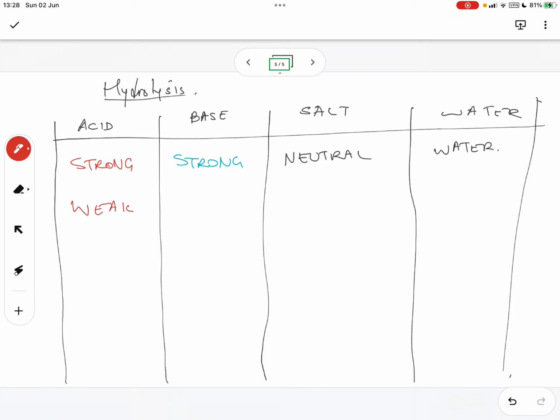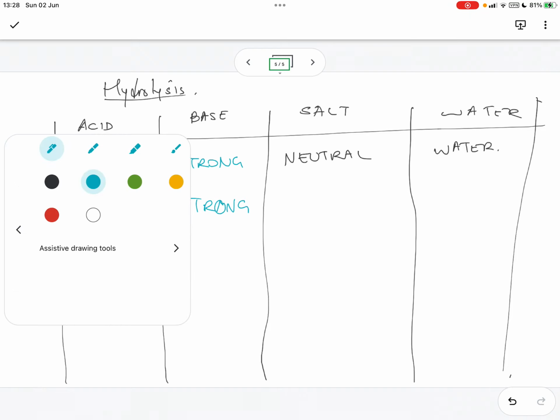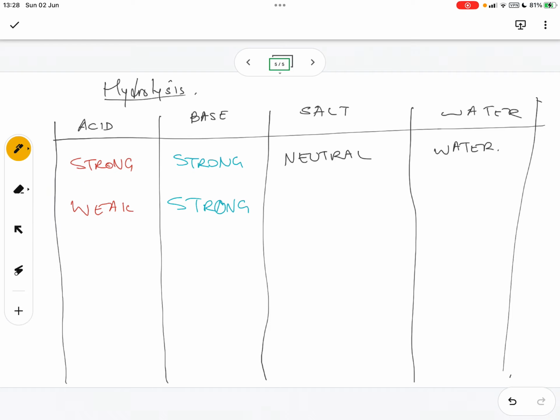But if we have a weak acid and a strong base, ne? They give us a weak base. So I guess yellow is closer to red.